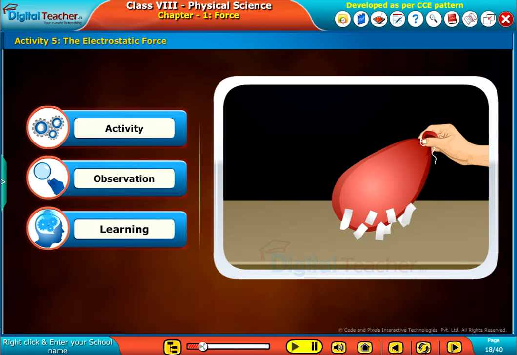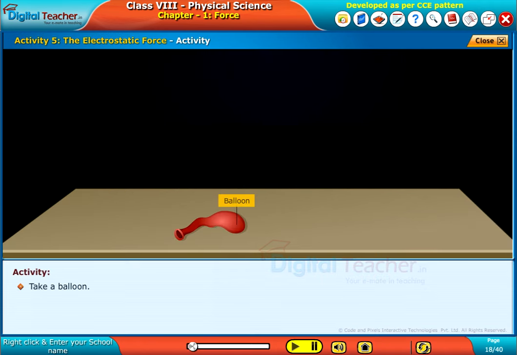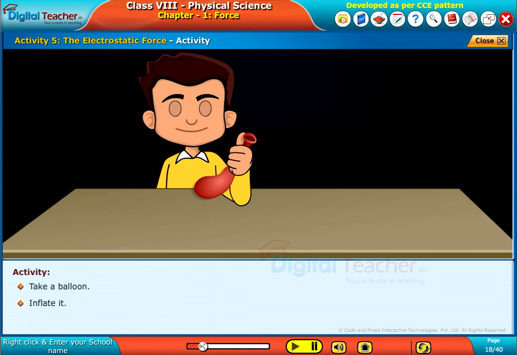Now, let us perform an activity to understand the electrostatic force. Click each tab to know more. Take a balloon, inflate it.